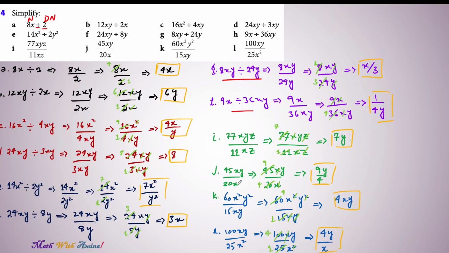45xy over 20x, already in the p by q form or fraction form, so we will look into simplifying the numbers first.